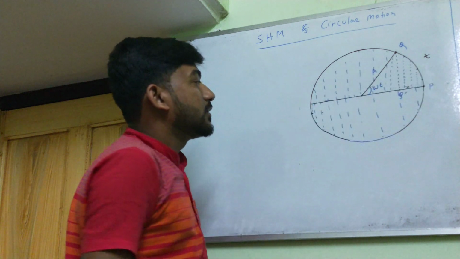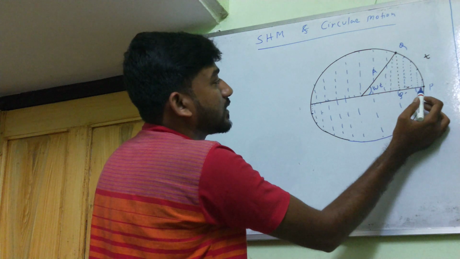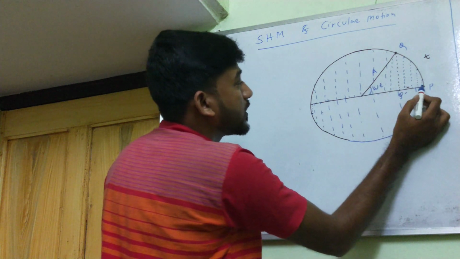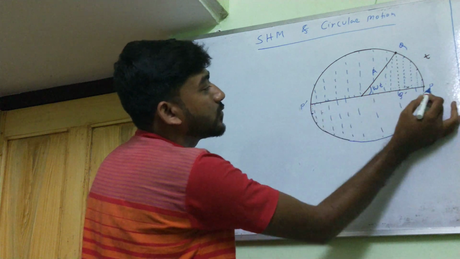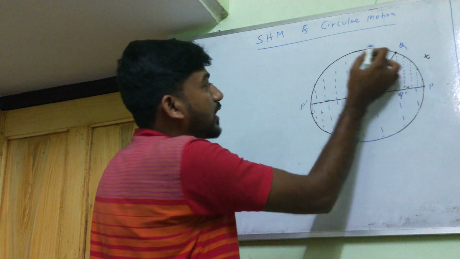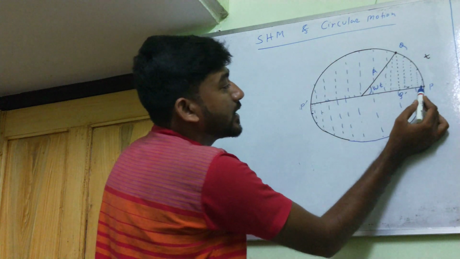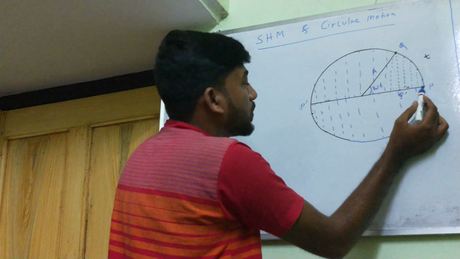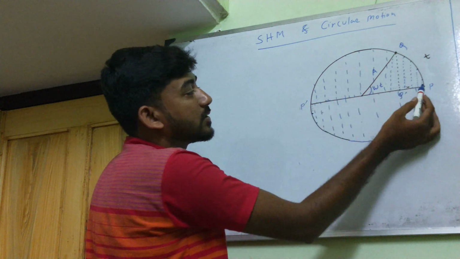So we have seen from this diagram that the projection of the particle goes from p point to p dash point, and again comes back from p dash to p. So when the particle executes a complete rotation from p to p, its projection goes from p to p dash and again comes back from p dash to p.